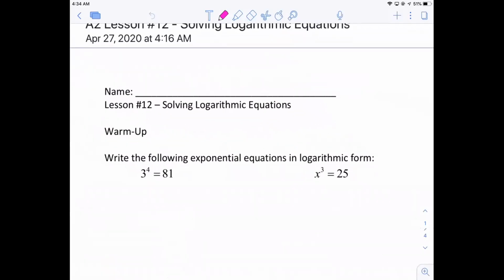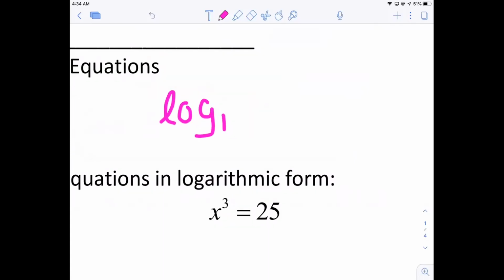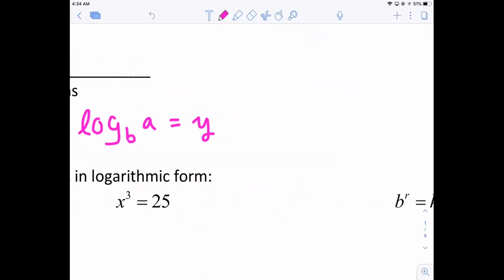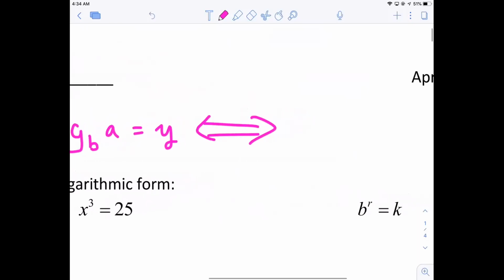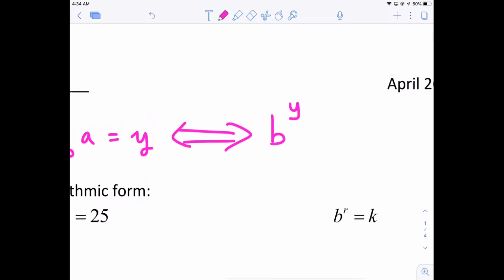Converting between the 2 forms, we know if we have log base b of a is equal to something, let's call that y. Well, in exponential form, the base is b. This is the what-power function: what power of b equals a?